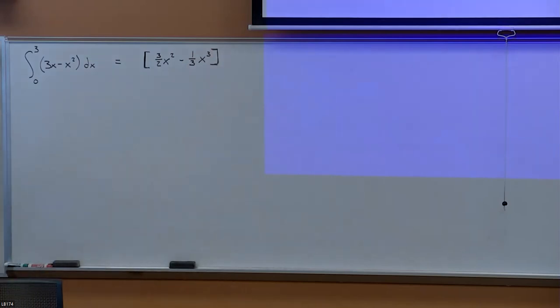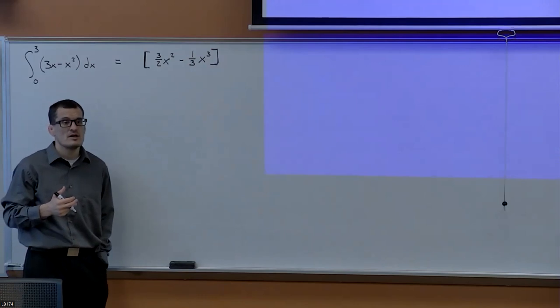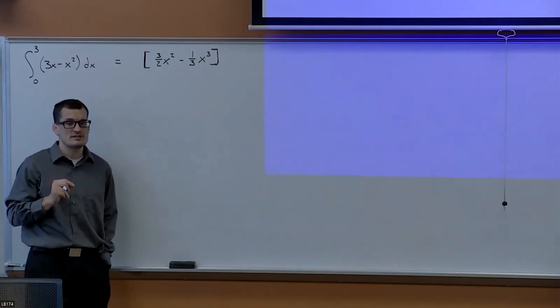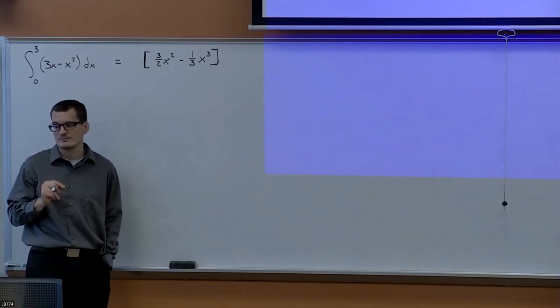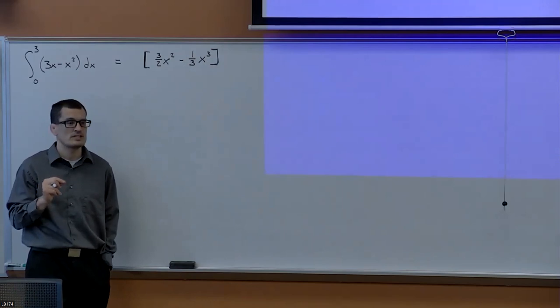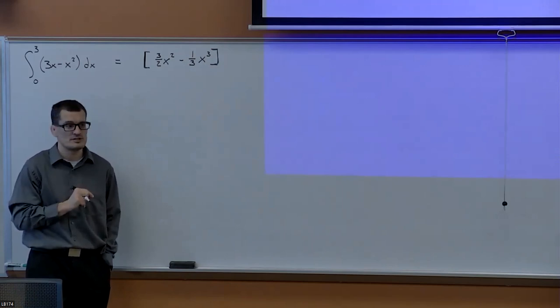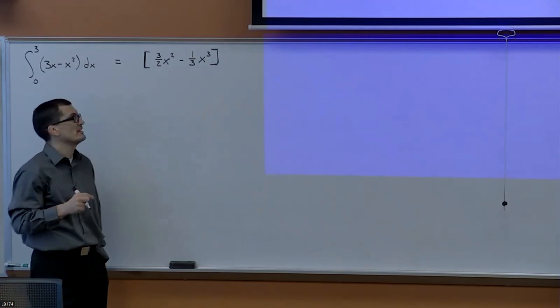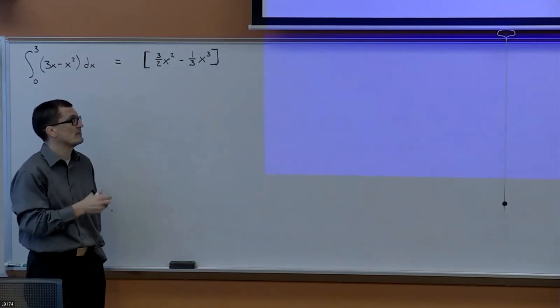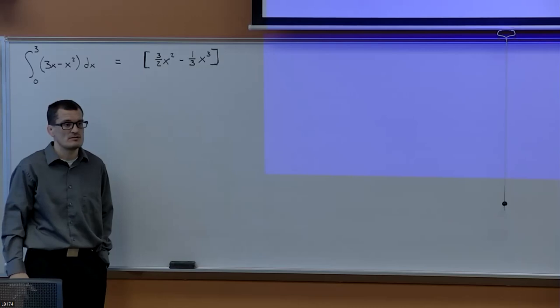So I know that that is the antiderivative. Now you could put a plus c there. But the fundamental theorem of calculus says this is going to work no matter which antiderivative you choose. So for convenience, most of the time we just say, well, let's let our constant be 0. Okay.